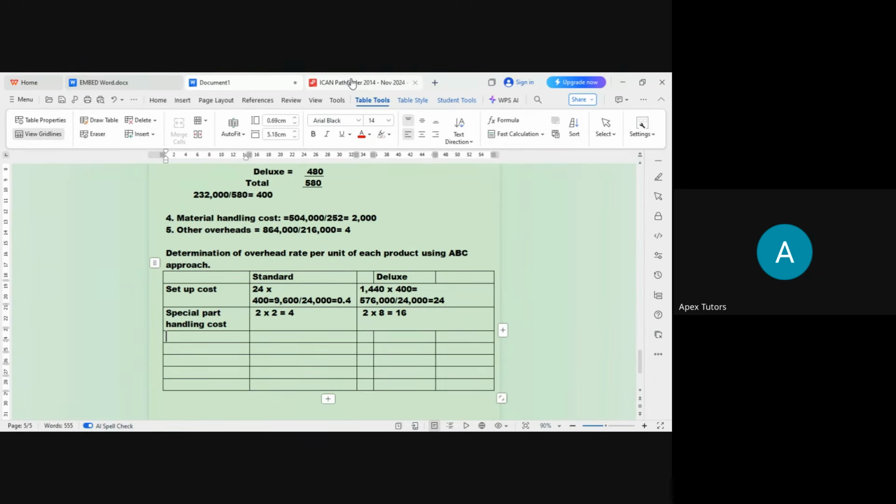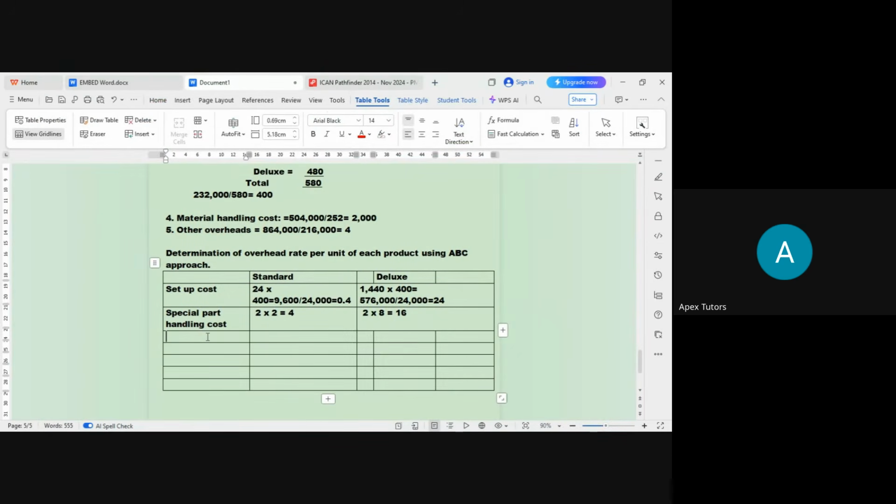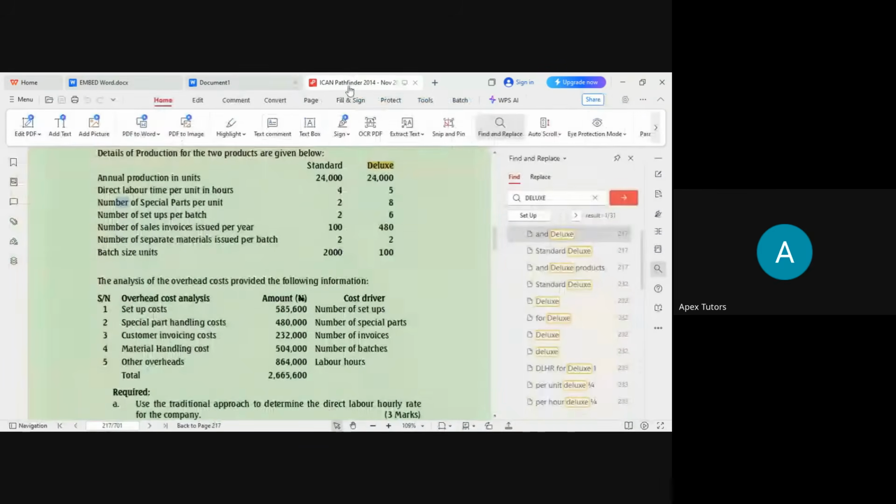So the next is customer invoicing cost. From the cost driver, the rate is 400.